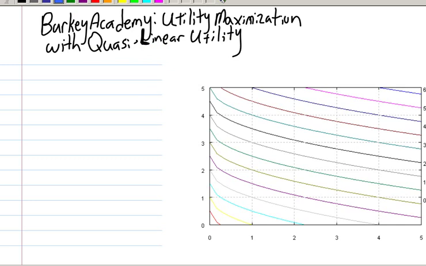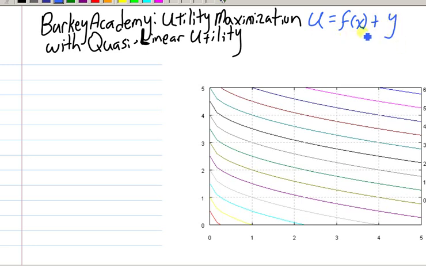Now, a quasi-linear utility function typically has this kind of format where your utility equals some function of one of the variables. For example, let's just say in general, some function of x that is not linear, plus y. And this could be 2y or 3y or 1/2 y, for example.